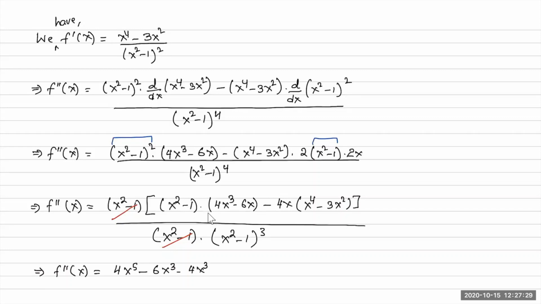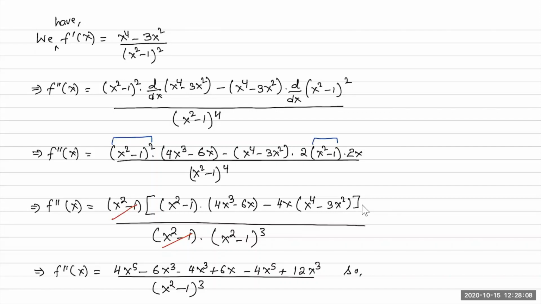And then -1 multiplied to -6x, negative and negative, positive 6x. Then minus, this minus here, if I multiply by that, it will be 4x to the 5. Minus and minus, if I multiply this, positive 4 times 3, 12x cubed, divided by, in the denominator we have (x squared minus 1) quantity cubed.